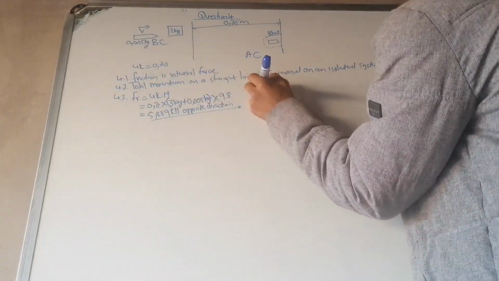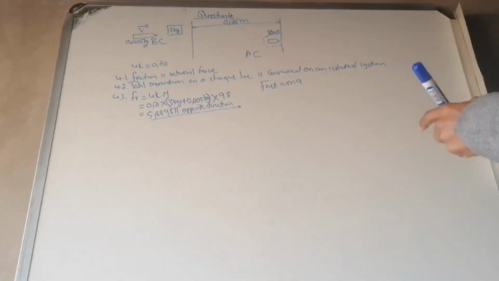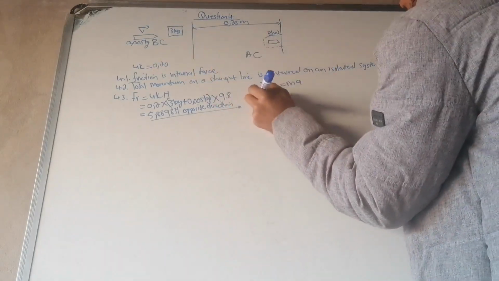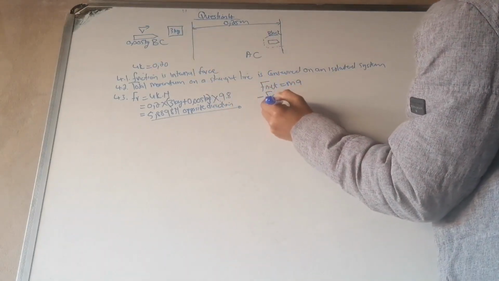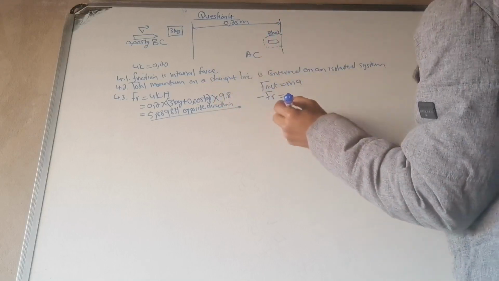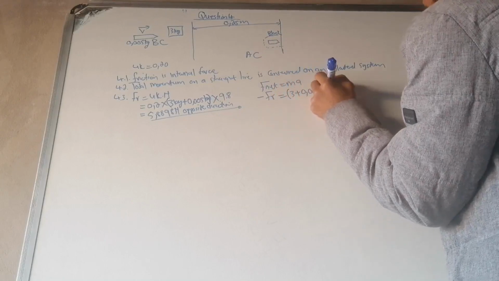So from there I'll find F net equals ma, and I have my net resultant force, which is the force of friction, but it is negative, equals the mass multiplied by acceleration of both the block and the bullet. The mass will be 3 plus 0.005 times a.